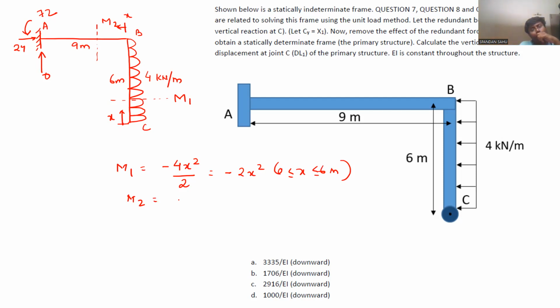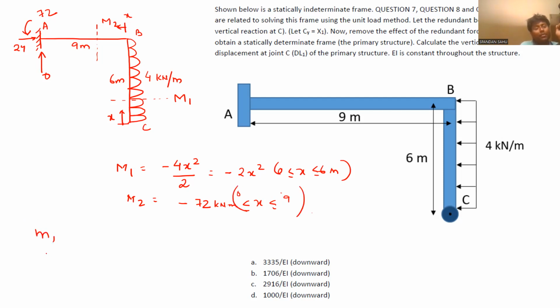It is 72. If you are unable to comprehend from this side, there is only a 72 moment, and if you cut from this side also, throughout it will be 72, from 0 to 9 meter. You got M1 and M2.